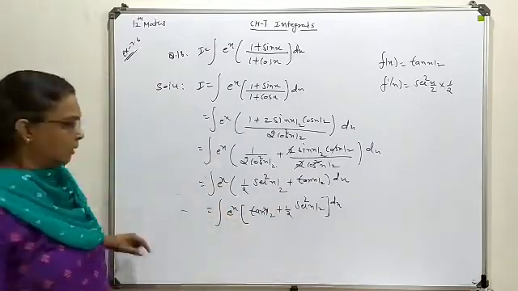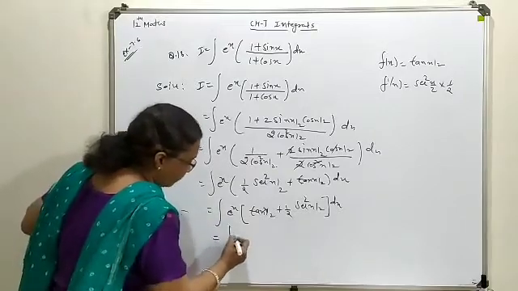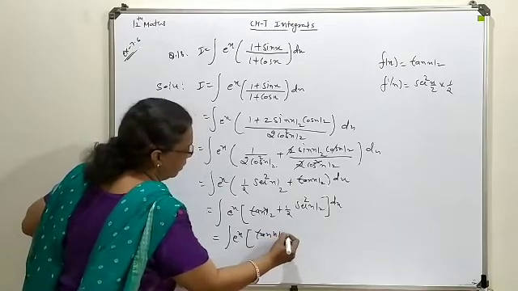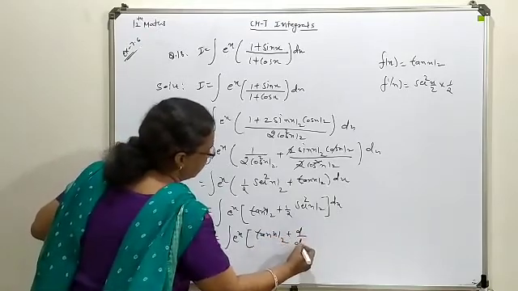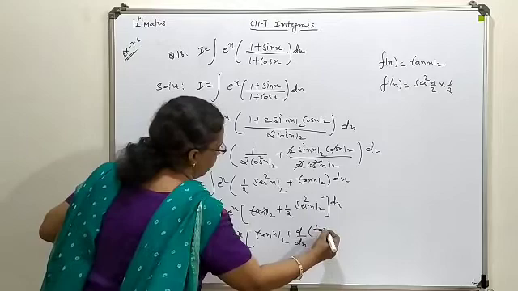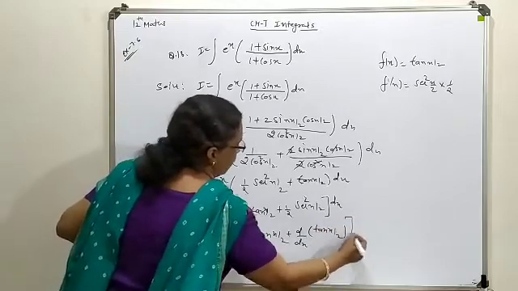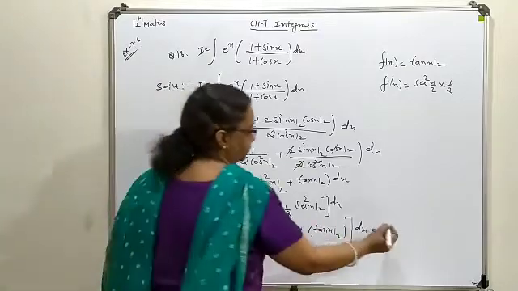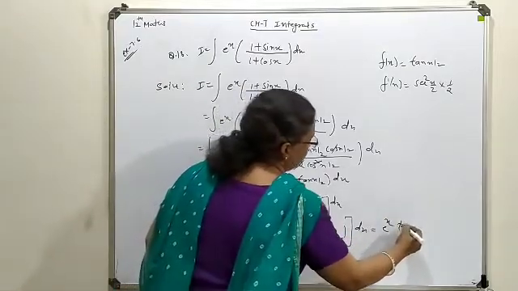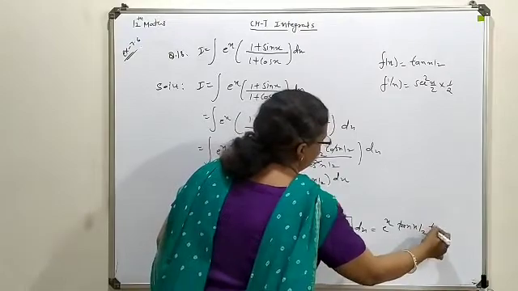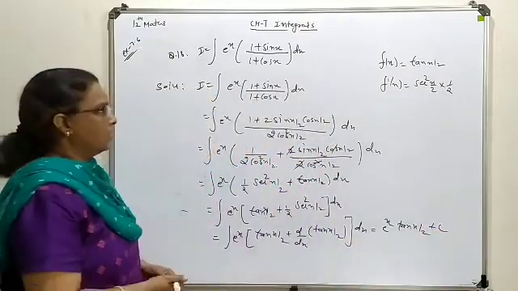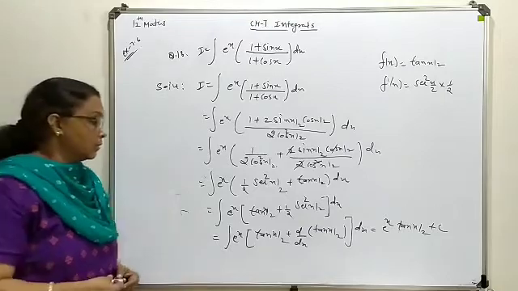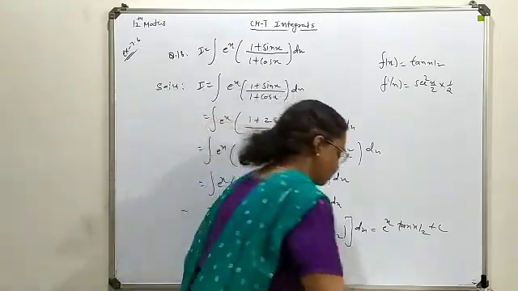So this term you can write in the required form of the theorem: tan x by 2 plus differentiation of tan x by 2. So now you can directly write the answer form as e power x tan x by 2. So this is the trigonometrical way we have to decide about the solution form.